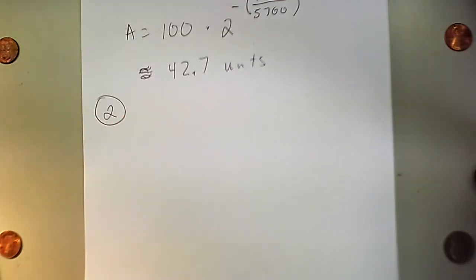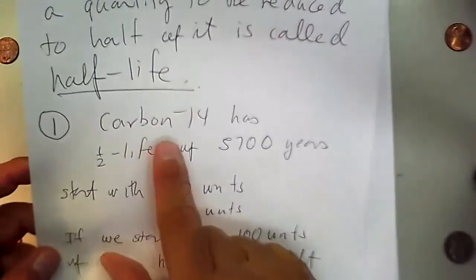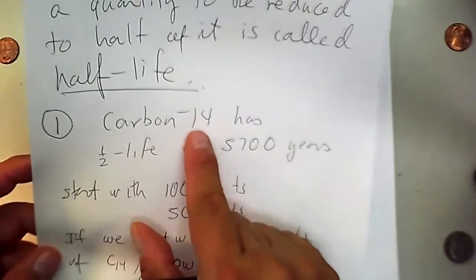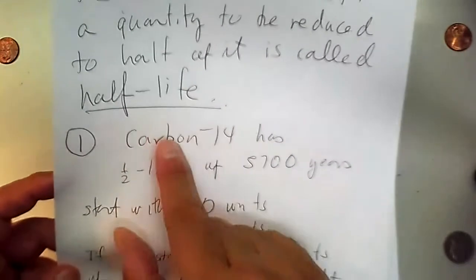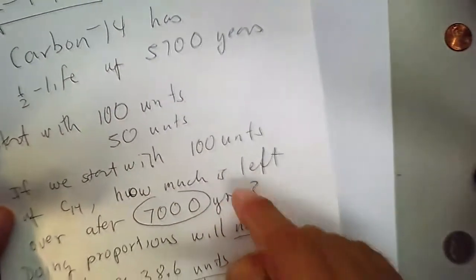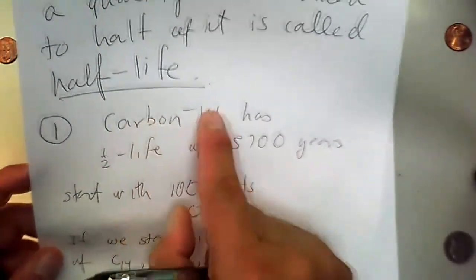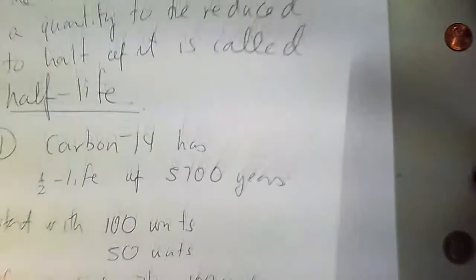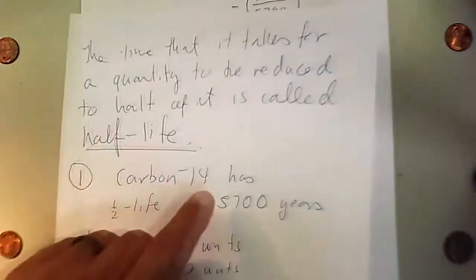That 14 in carbon 14, to the best of my knowledge, has nothing to do with figuring out the answer. It's just part of the name of the substance. So don't get confused with that.